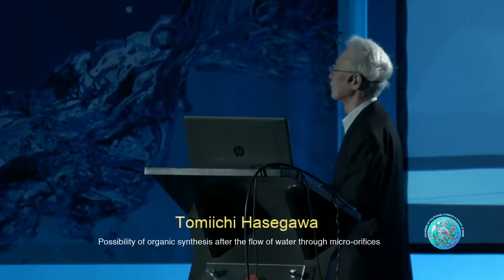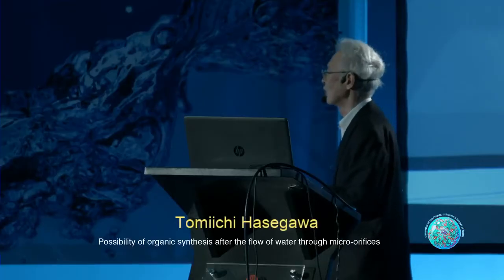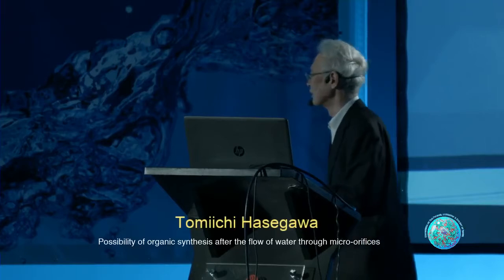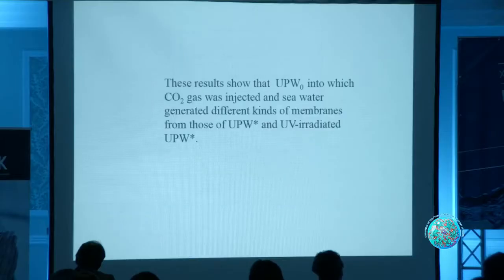This spectrum differs from that for the membrane from UPW*. These results show that UPW0 into which CO2 gas was injected and seawater generated different kinds of membranes from those of UPW* and UV irradiated UPW*.